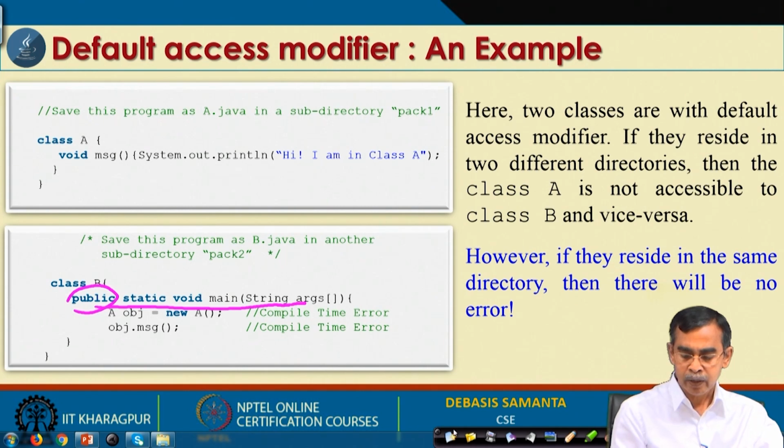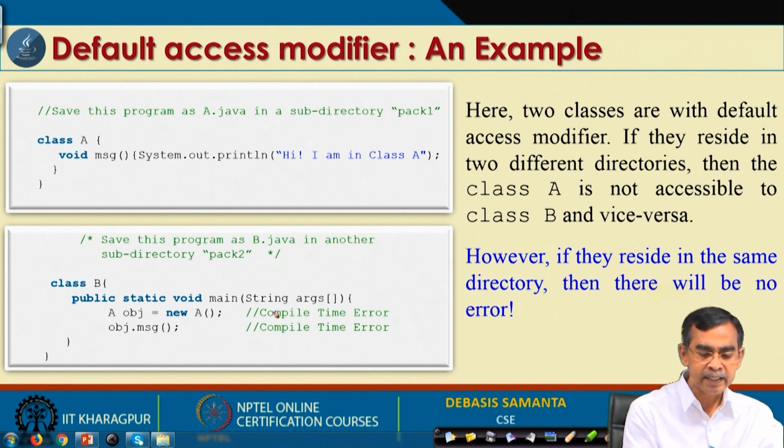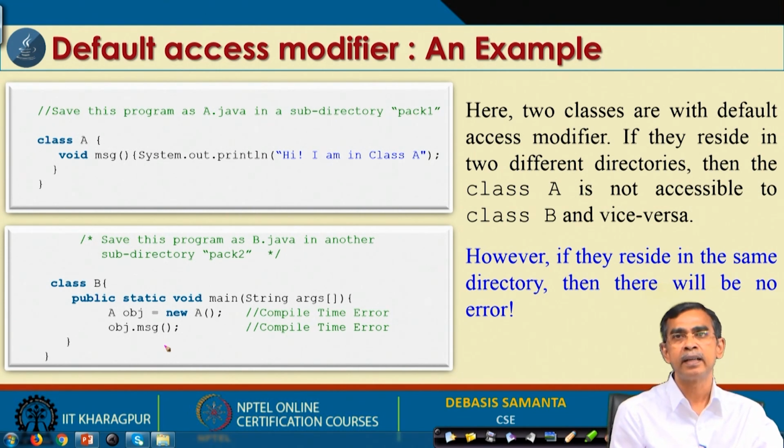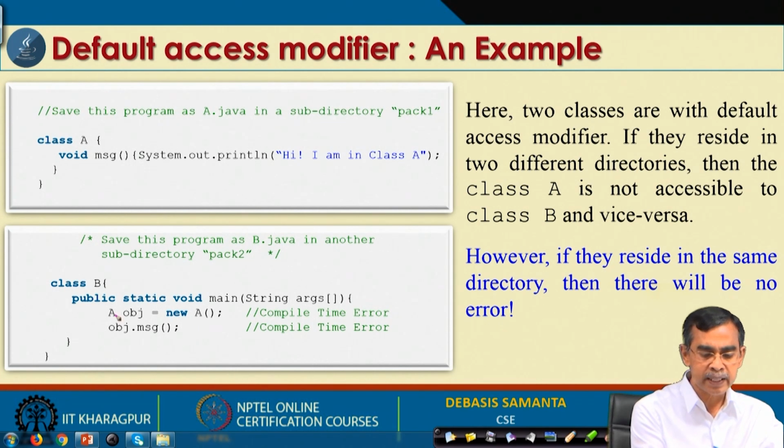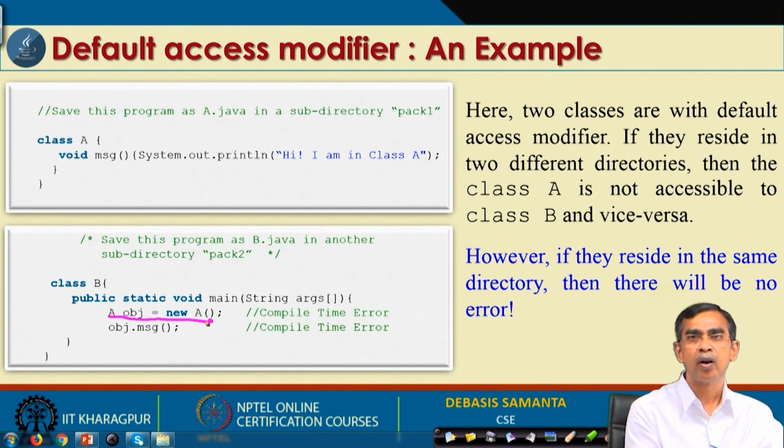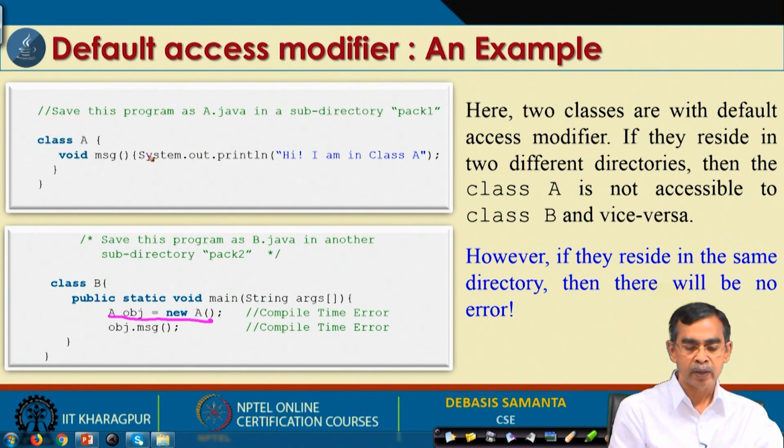The rest of the things are simply accessing the different members. In the first statement we create an object of class A, and in the method main we call the method MSG which belongs to class A. If we run this program, it will print a message like: hi, I am in class A.